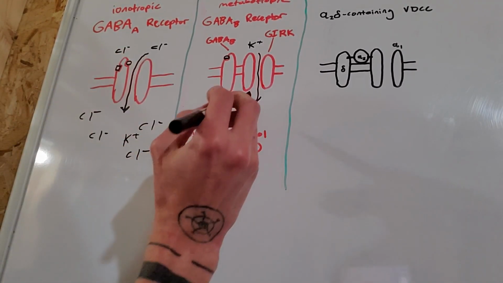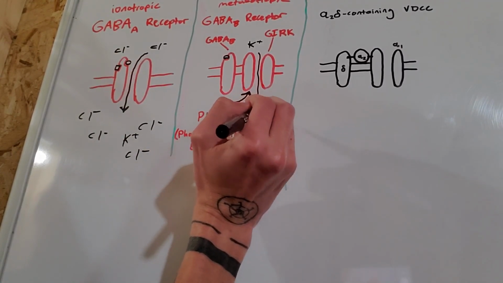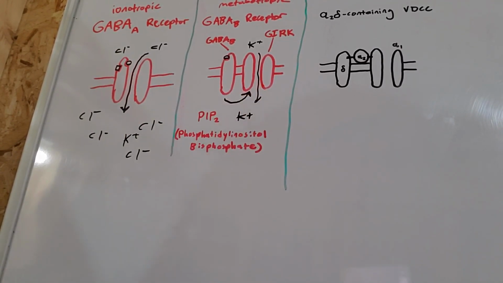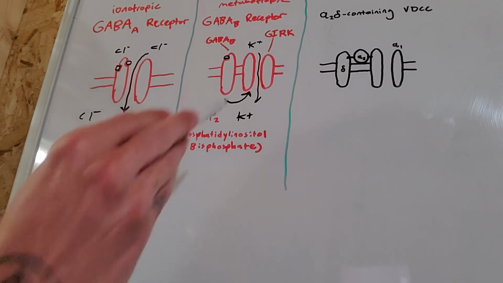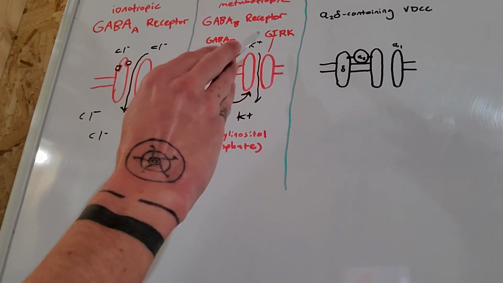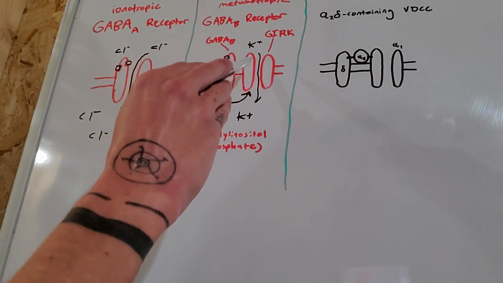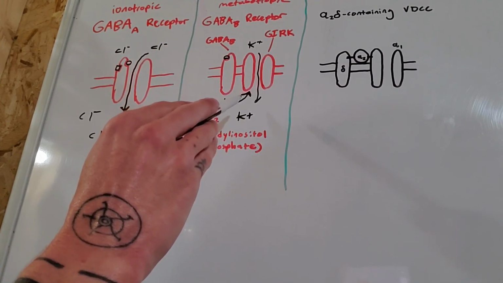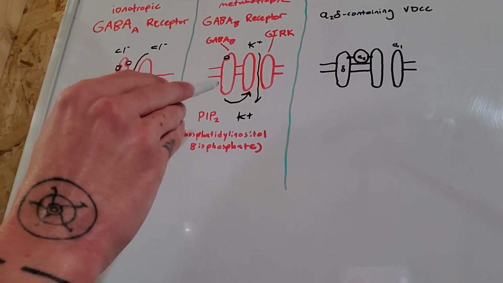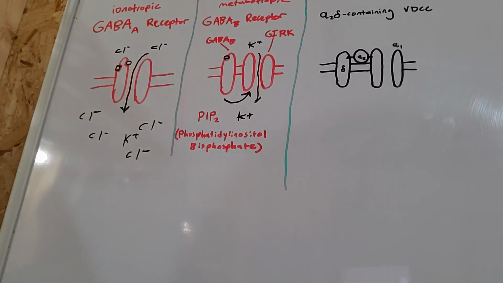The influx of potassium in this case serves to stabilize the membrane potential and return it to more of a baseline. And the inward rectifying part of GIRK means that it primarily lets the ions in, preferentially. It doesn't let them out, as opposed to outward rectifying.